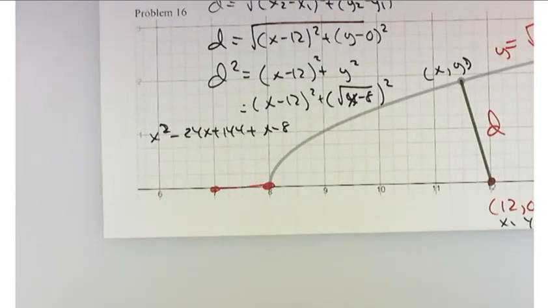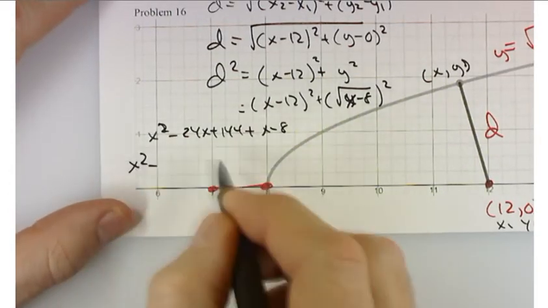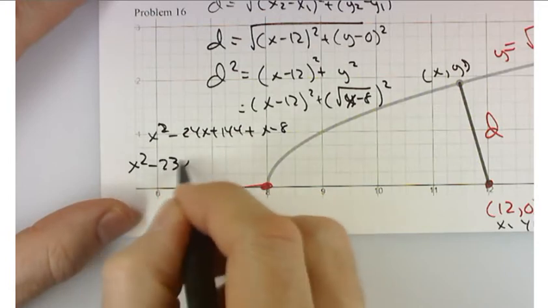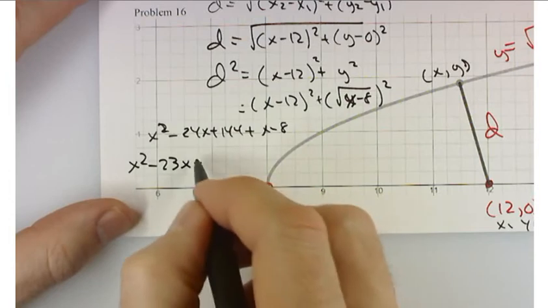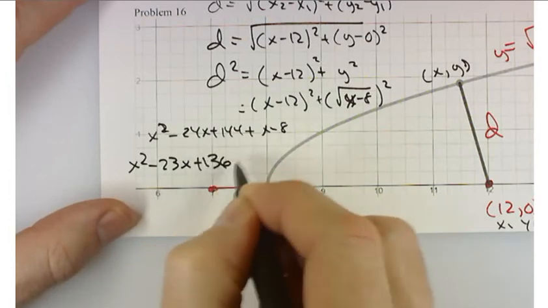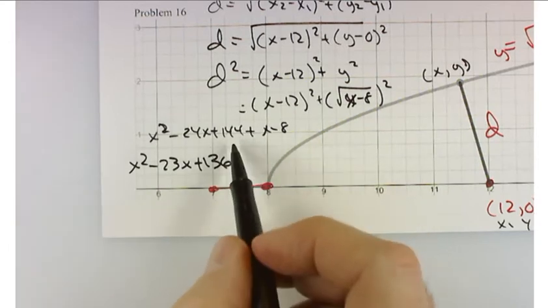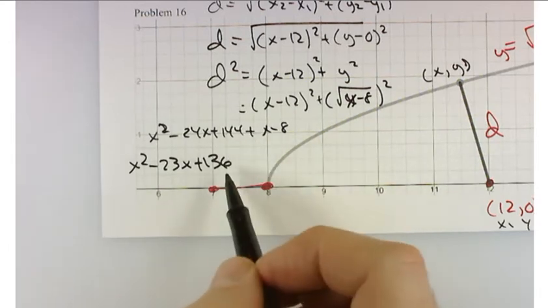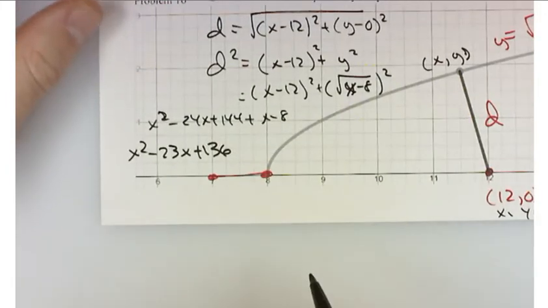If I combine like terms, then I'll get x squared minus 23x plus 136? 144 minus 8? Okay. All right, so I thought I was wrong, but I was merely mistaken.